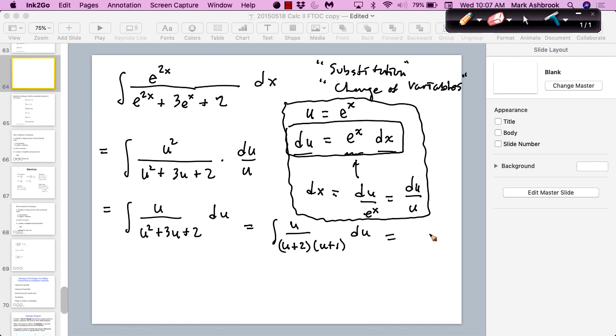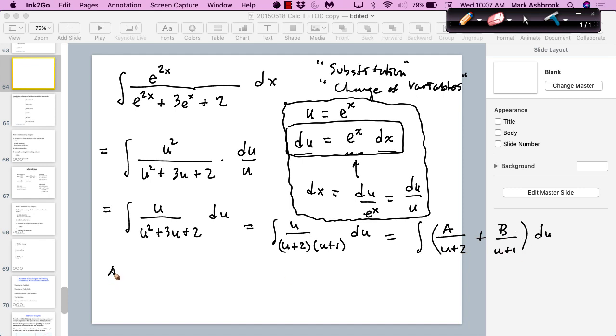We want to write that as the sum of fractions. Both of these are linear denominators, so we'll just have constants in the numerators. Multiply top and bottom by u plus 1, and multiply top and bottom by u plus 2 to get the common denominator.